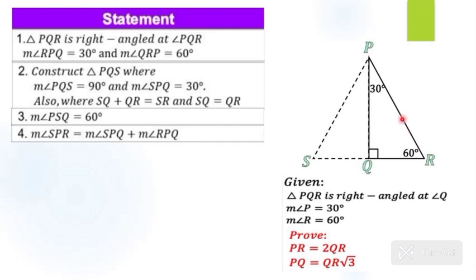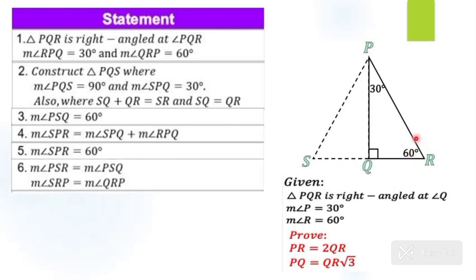So this means that if we add or get the sum of our angles here, then we could get the angle 60, which is equal to our angle R and angle S. So this is also true that the measurement of angle SPR is 60 degrees.